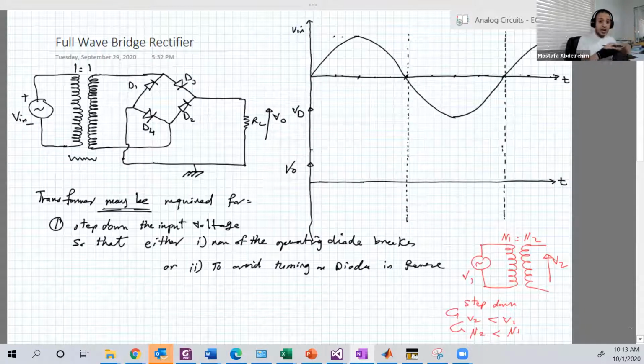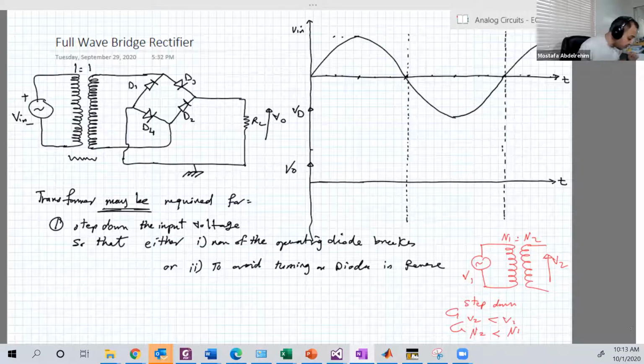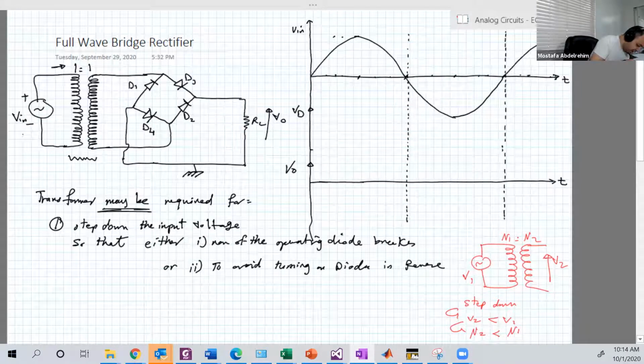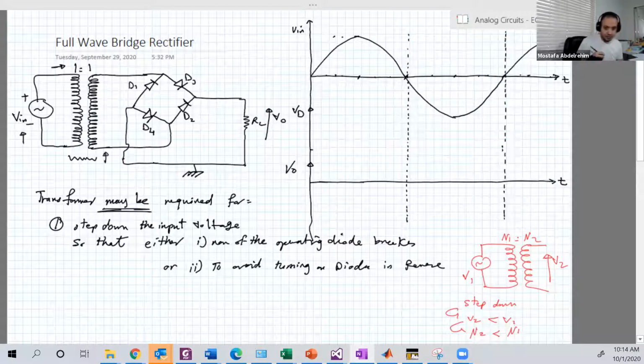So I will assume here there is no problem: the input will not provide power much higher than the diode's maximum operating power, and the breakdown voltage of the diode is much higher than the largest reverse input voltage. I just put 1 to 1 here to make the analysis easier. So whatever is in here will be transferred exactly to here.